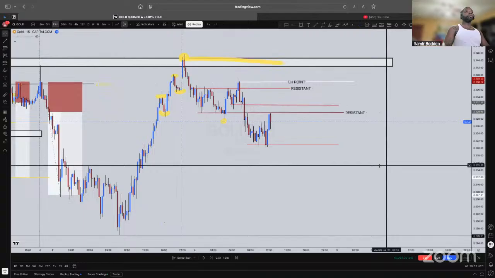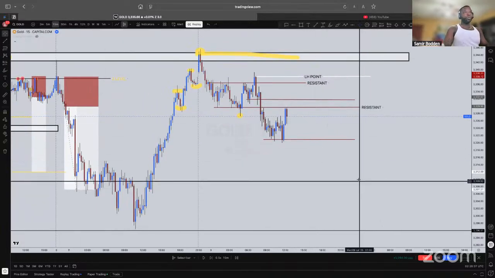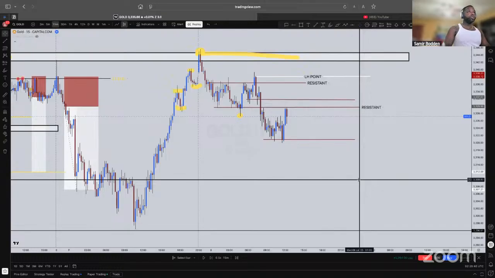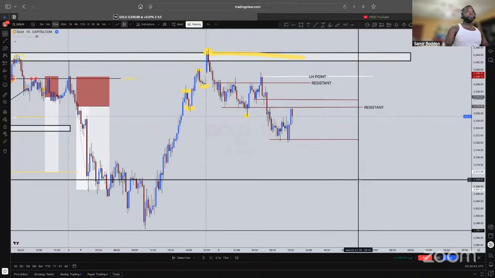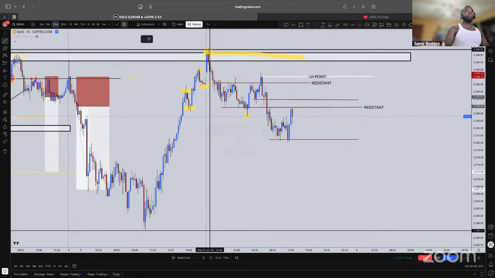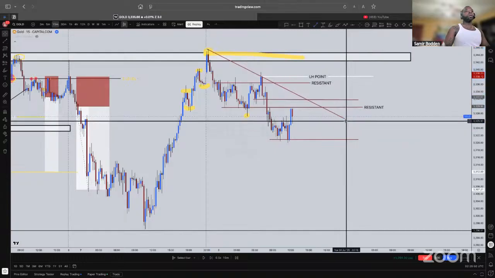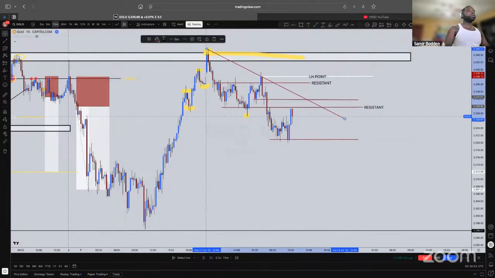Support becoming resistance. So it's not super clear at this point what we should be looking for, whether we should be looking to buy or to sell. The honest thing is to line these up and see what the market is looking to do, how the market is looking to play this.